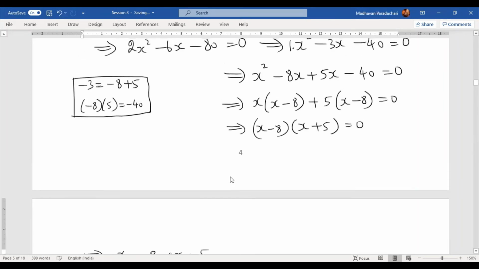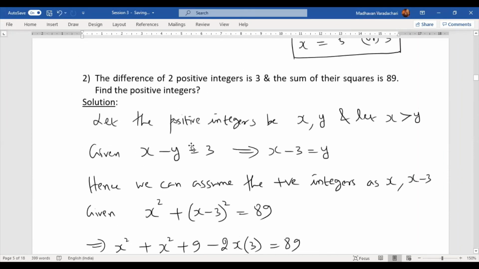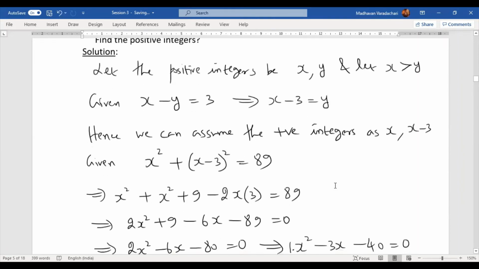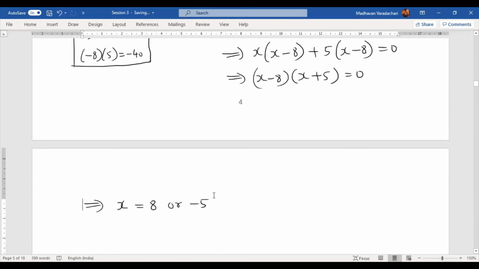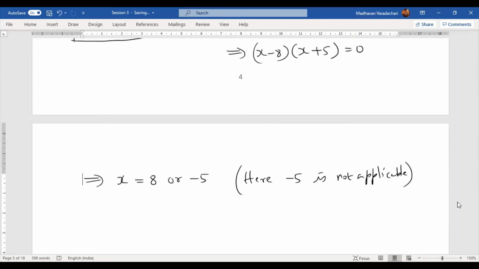But the question says positive integers. That means I should not consider minus 5. I will write here minus 5 is not applicable because the question says positive integer. So I will ignore minus 5. So I will consider x as 8 only. Therefore, x is equal to 8.